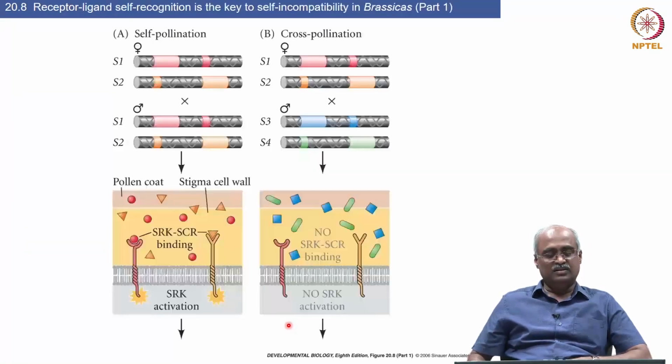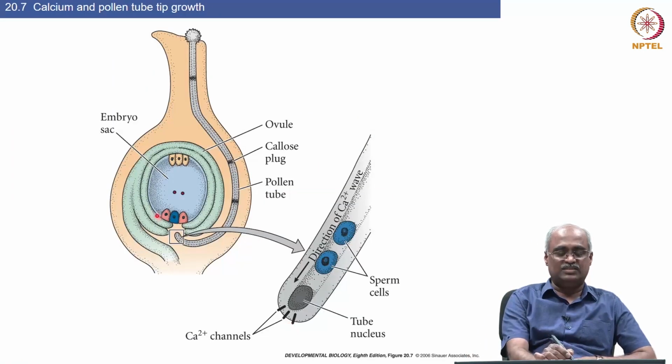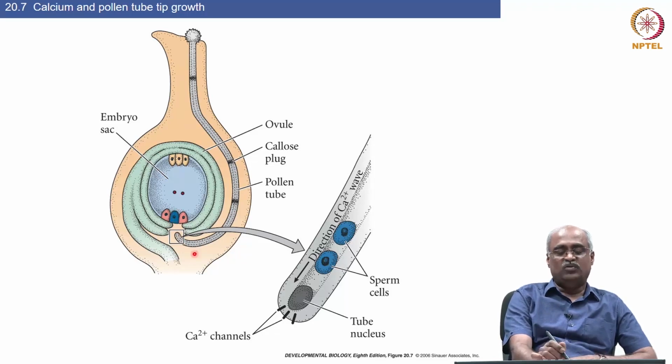And in addition, these two cells, the synergids, are also responsible for guiding the pollen tube to successfully go to the egg cell. And once it goes there and delivers, it delivers two sperm nuclei.